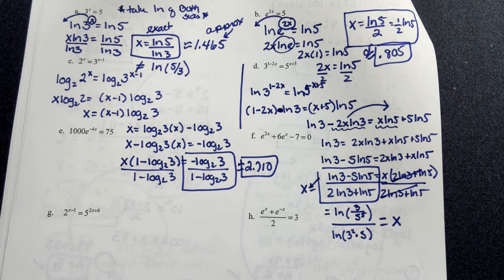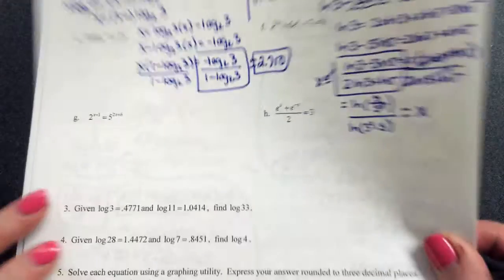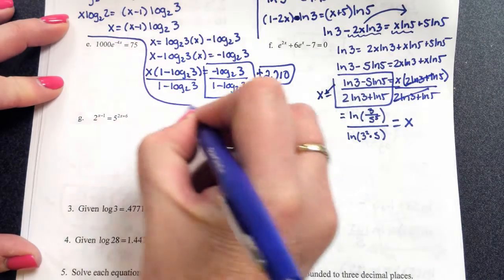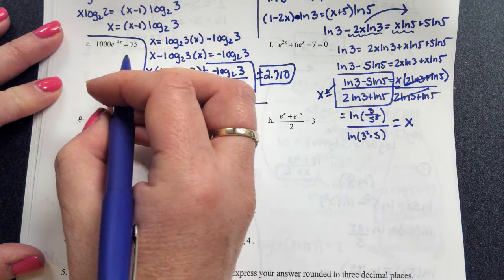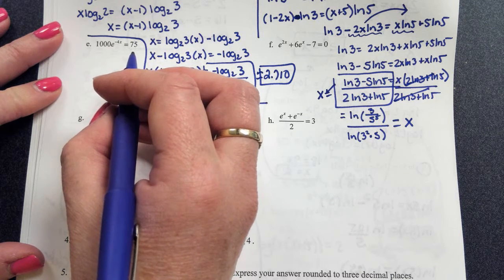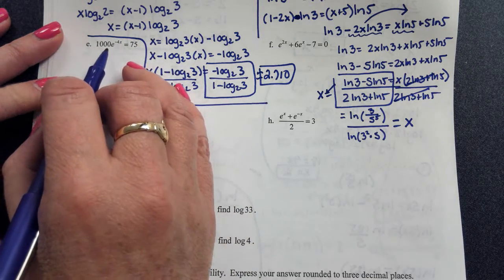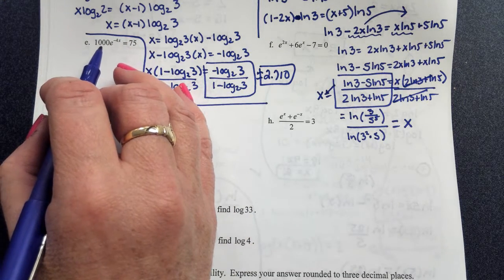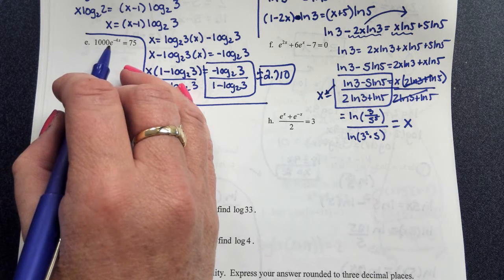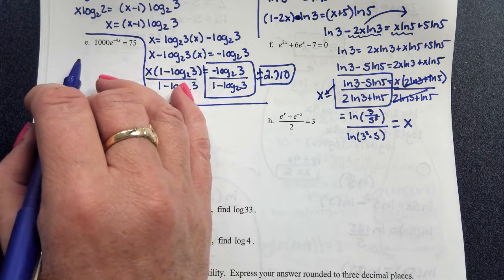All right, let's take a look at E. So again, in letter E, first of all, just like any equation, you always want to isolate the variable. So right now you have this e to the negative 4x that's being multiplied by 1,000.